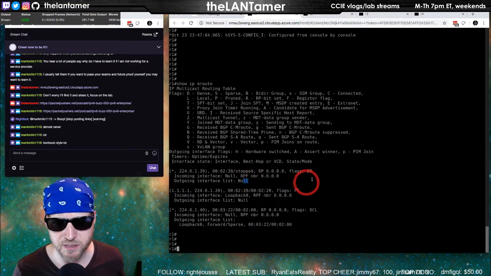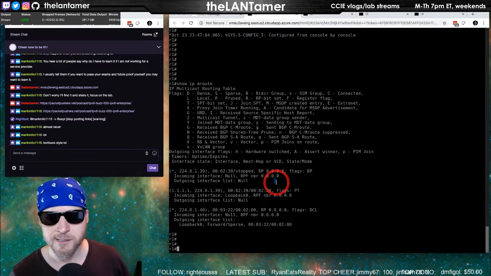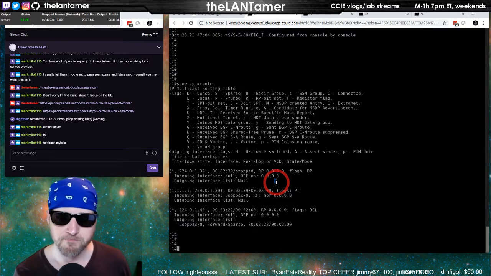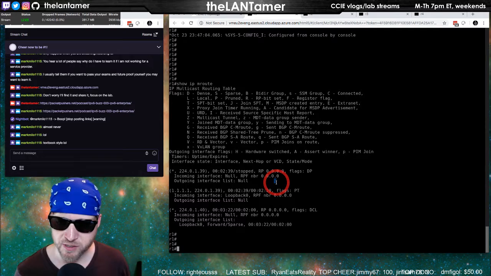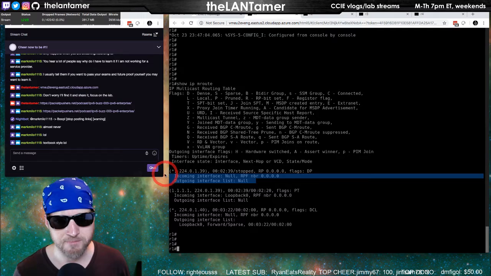That's interesting. It is stopped. Well, because why? Because it has no groups, it has no IGMP hosts, right? I'm assuming that's why. Oh, because it's star comma. That's right.